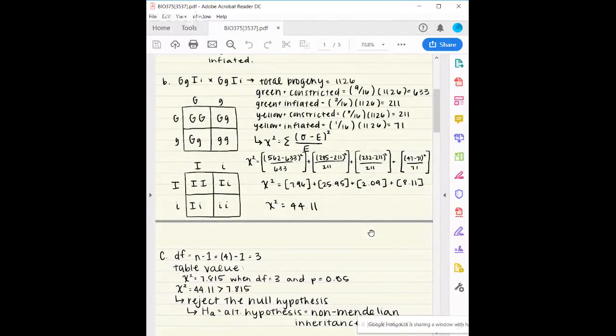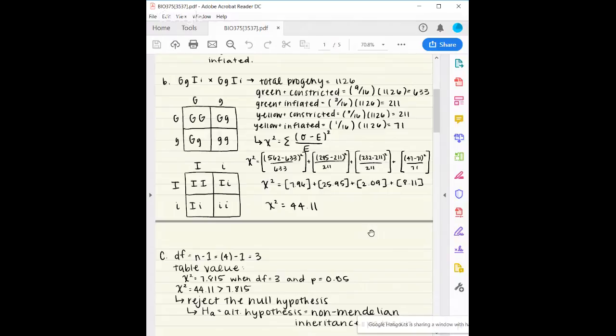Then we plug that into our chi-square formula. We take the observed amount minus our estimated amount, square it, and divide that by the estimated amount, and we do that for each of the possible phenotypes: one for the green constricted, another for the green inflated, one for the yellow constricted, and one for the yellow inflated.